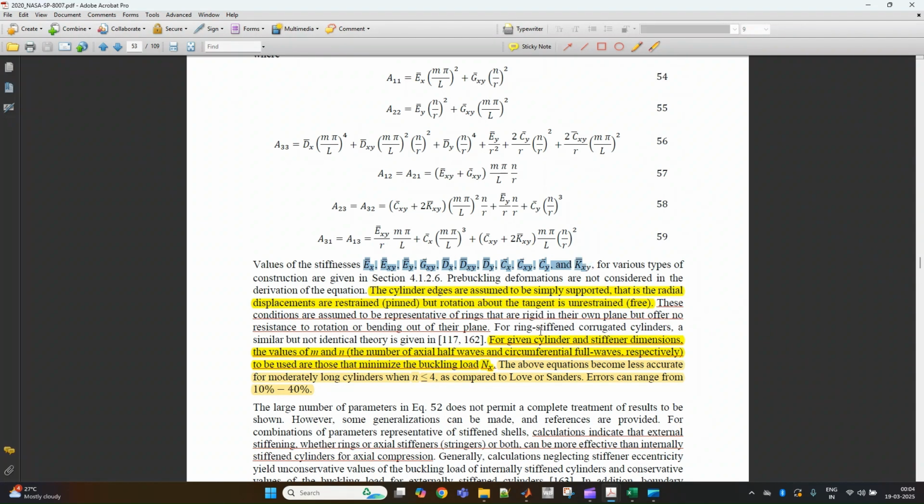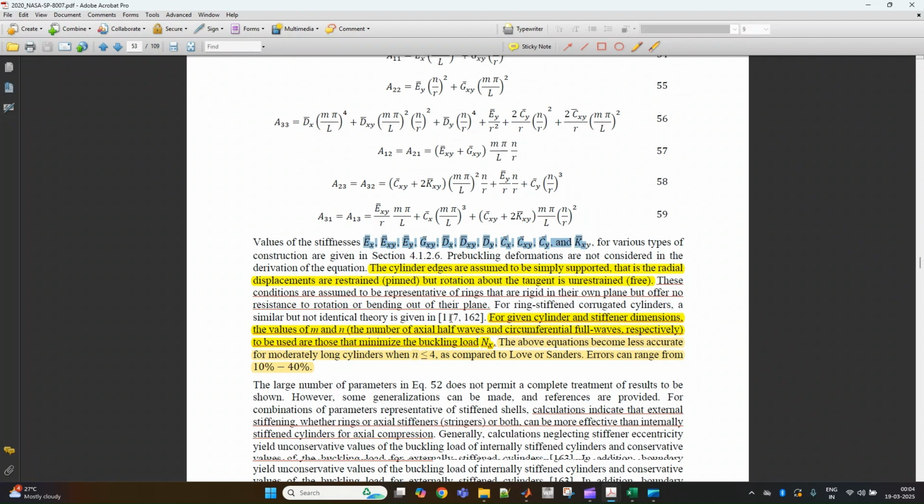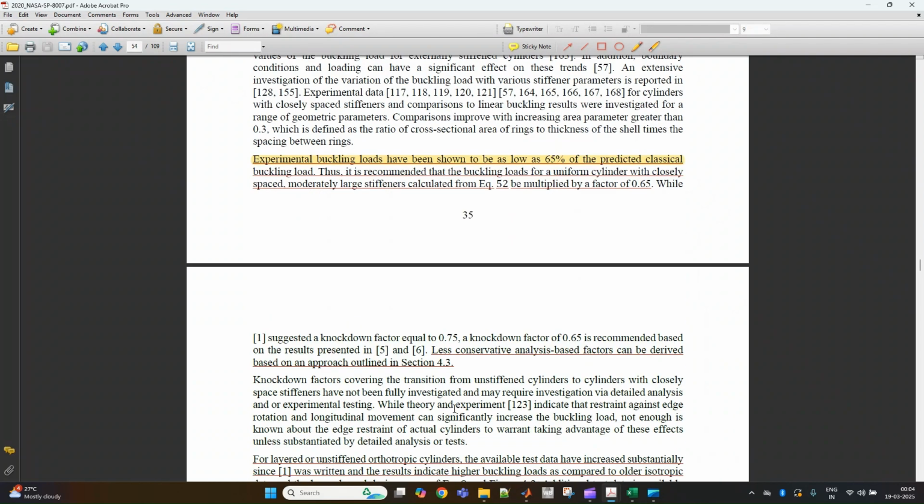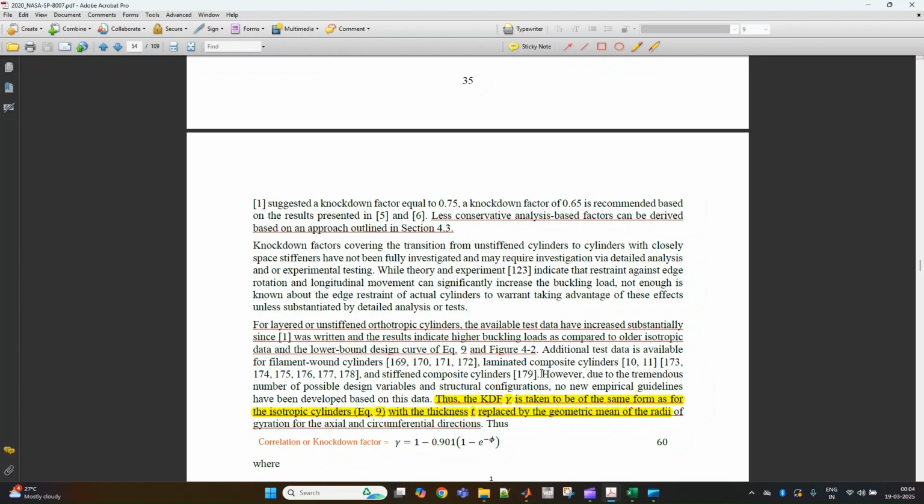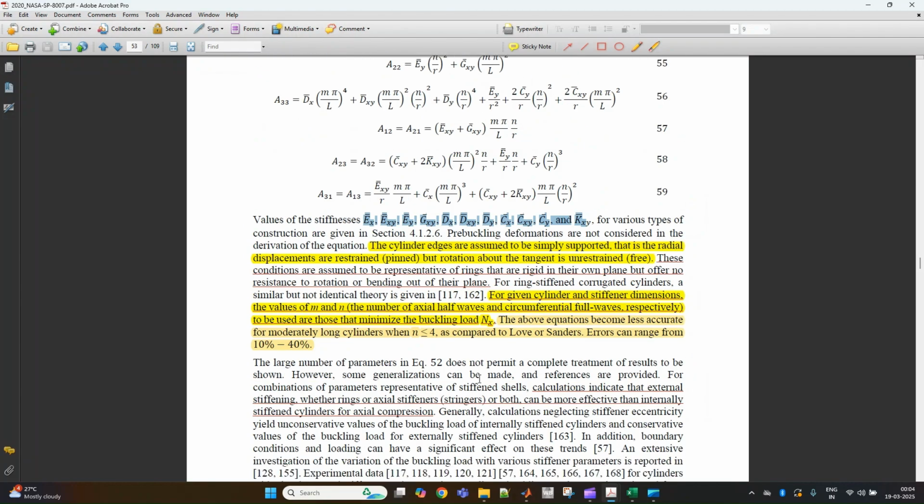I had to do a little bit of research to accurately pinpoint what they actually mean for a composite cylinder which is not stiffened by any external stiffener, and how to calculate them. I had to refer to a few documents, which I'll also be explaining in this video.